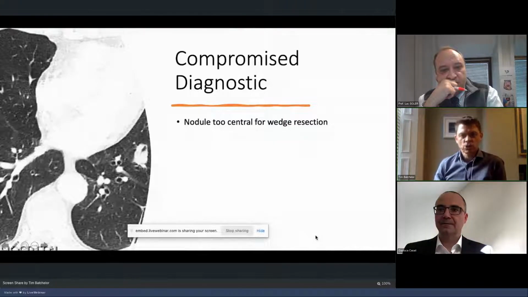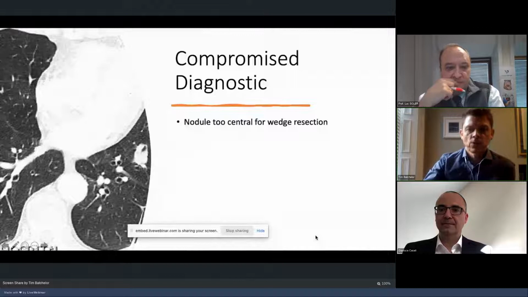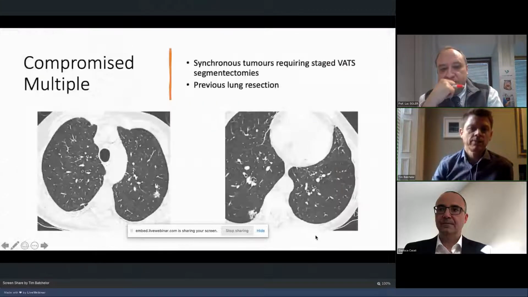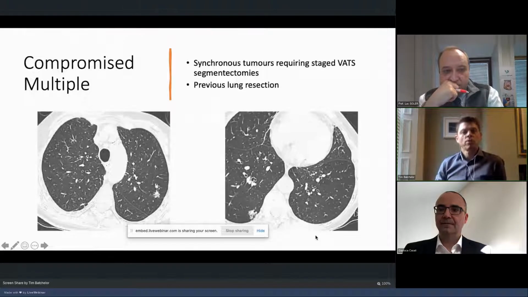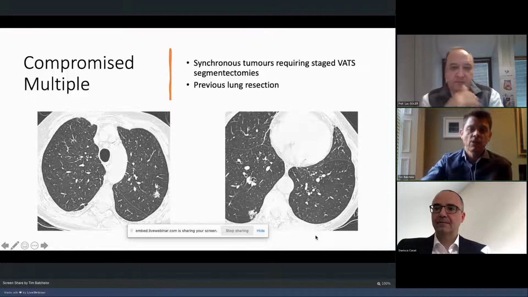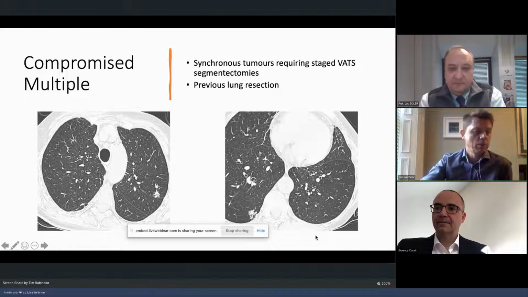The nodule's too central for a wedge, so we have to perform a diagnostic segmentectomy. Or maybe we're compromised because we've got multiple tumours. We've got a number of very small tumours which are going to require lung resection, as in this patient here. Or maybe they've had a previous lung resection. You try to spare as much lung parenchyma as possible.